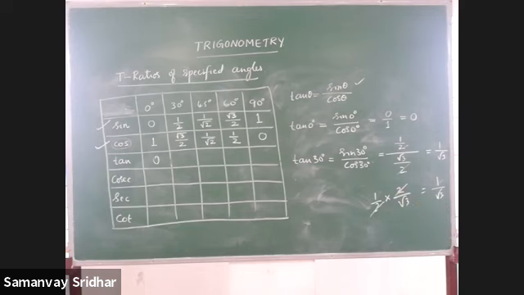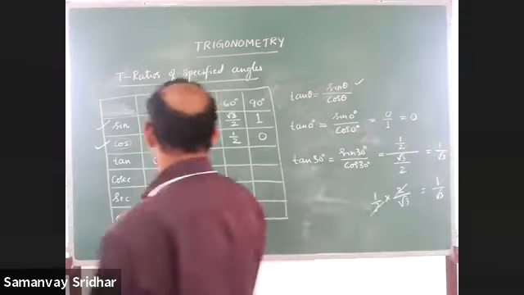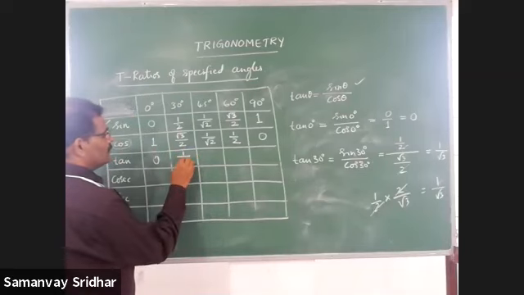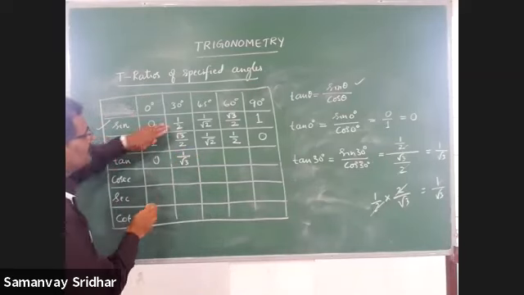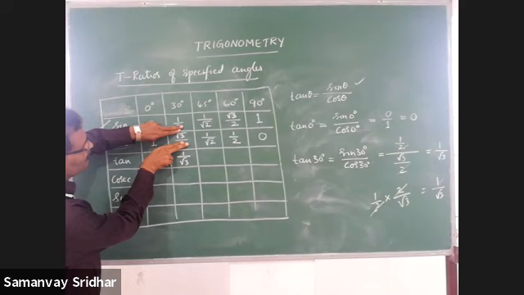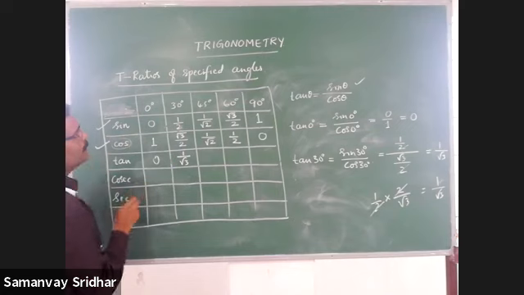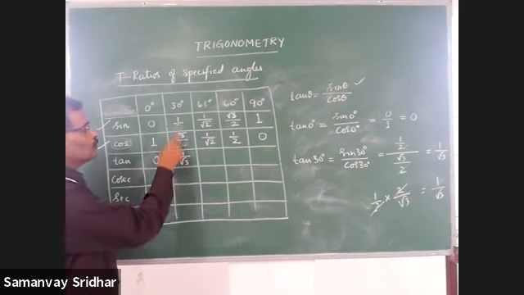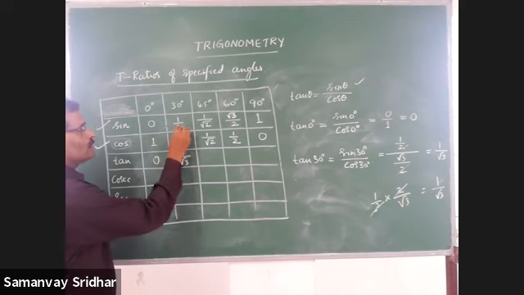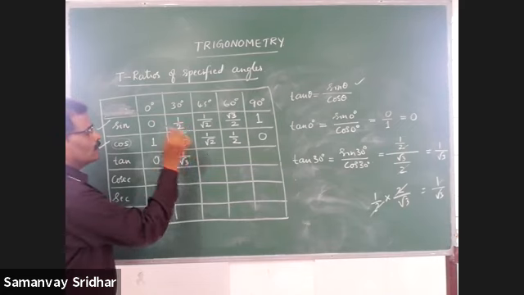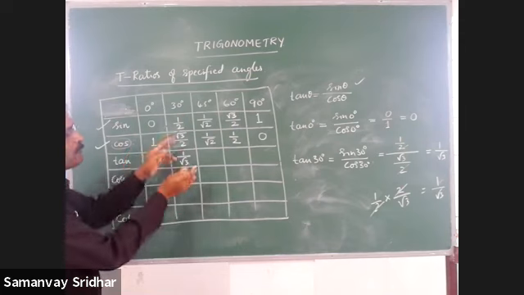Therefore, 1 by root 3 is the value. Very simple. You got this? Okay.